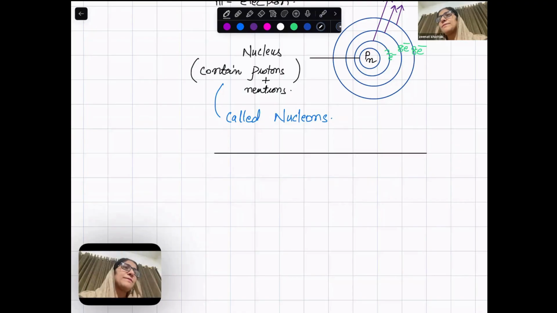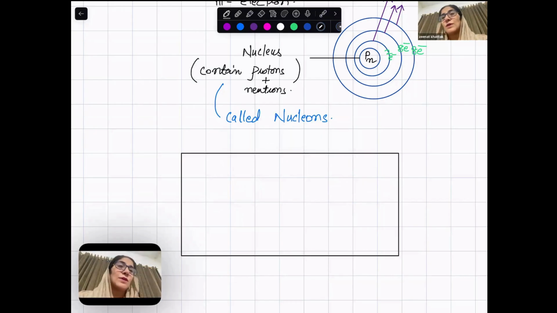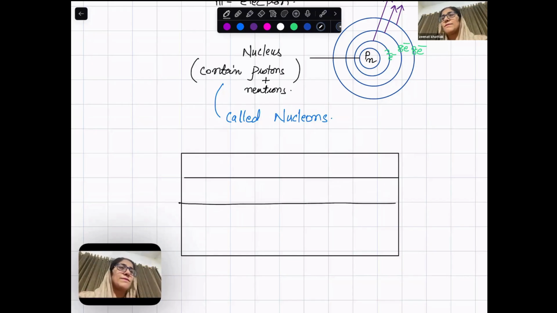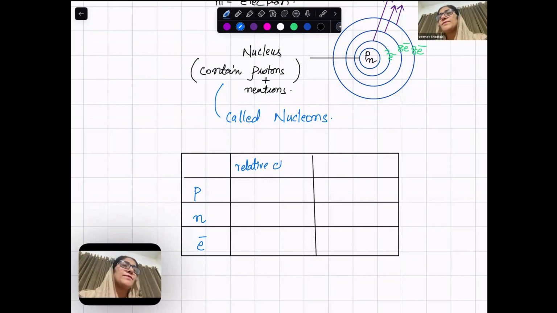I'm making a table. Now look, this is proton, neutron, and electron: relative charge, relative mass.